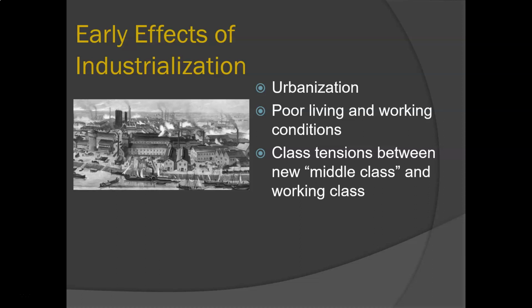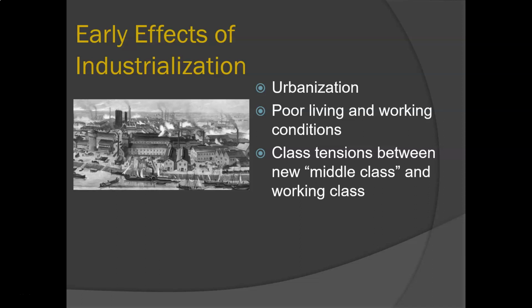There start to be some class tensions between the people who are making money off of the industrial system, the factory owners basically, and the big businessmen, the bankers, and some of those government officials, and the huge working class population, people who are not well clothed, not well fed, working like crazy. 70 hours of work a week is pretty normal for people.